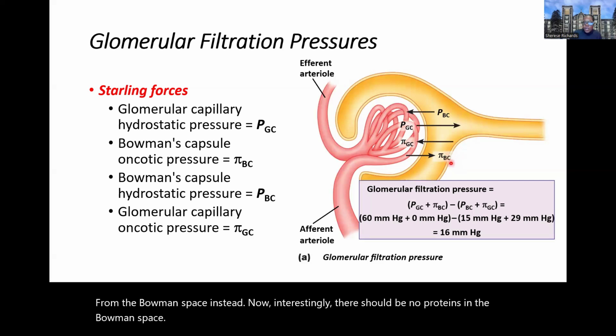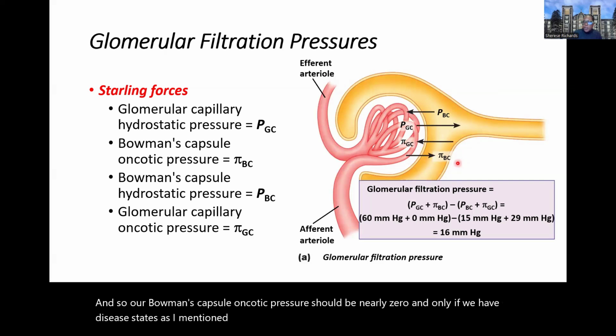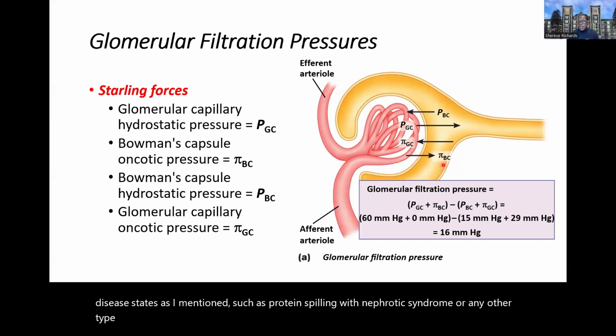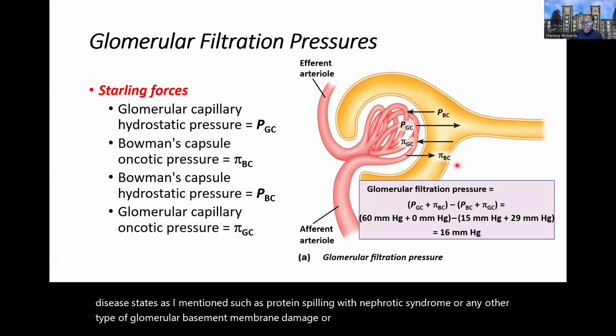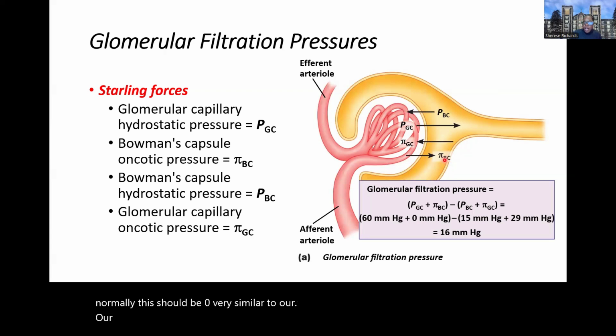And so our Bowman's capsule oncotic pressure should be nearly zero. And only if we have disease states, as I mentioned, such as protein spilling with nephrotic syndrome or any other type of glomerular basement membrane damage or injury, then we're going to find protein ending up in this space, and we may see a higher Bowman's capsule oncotic pressure.